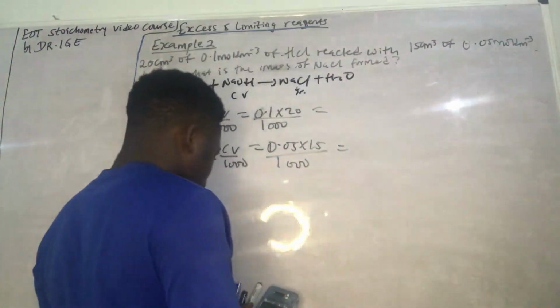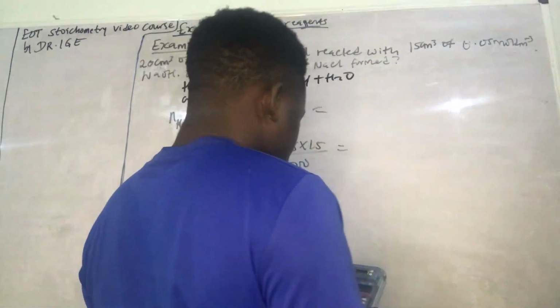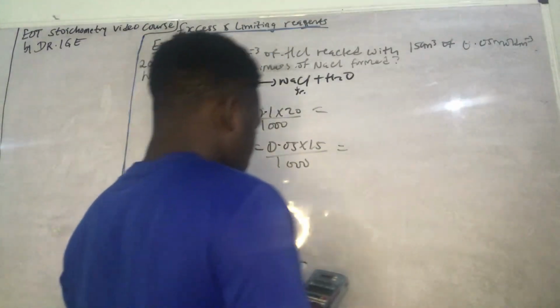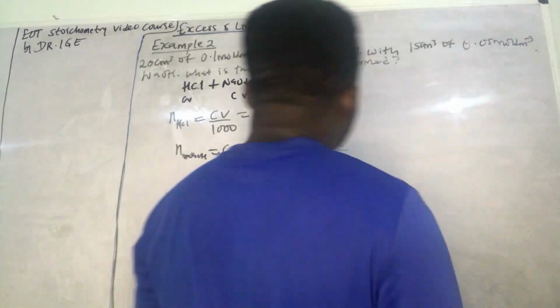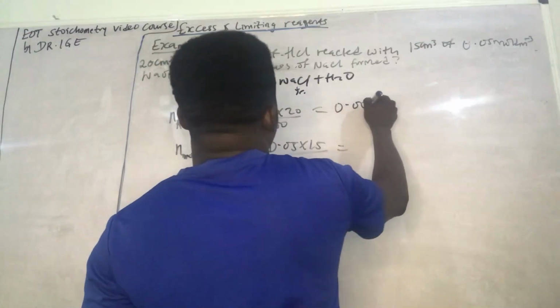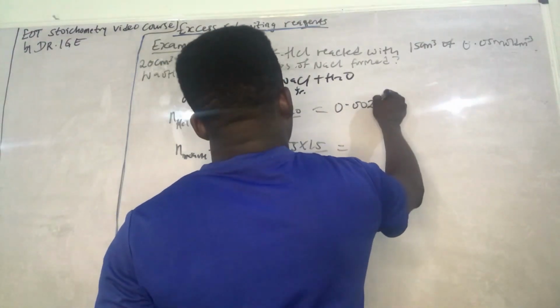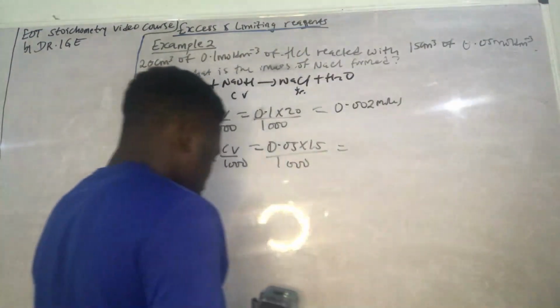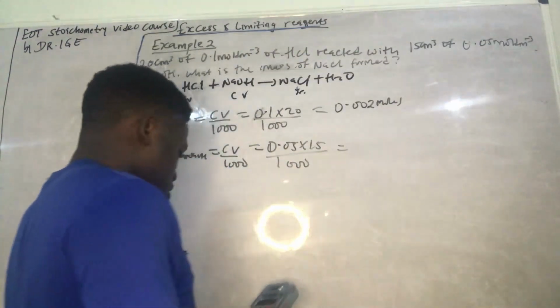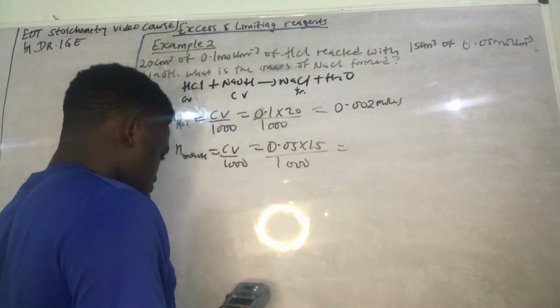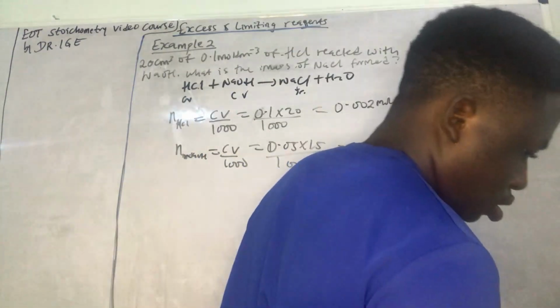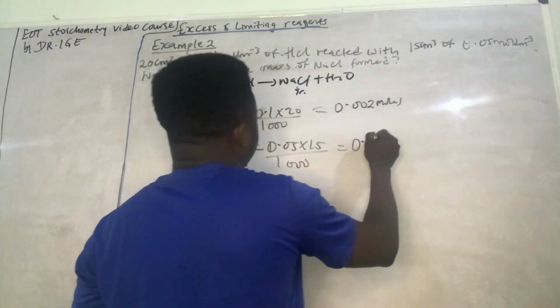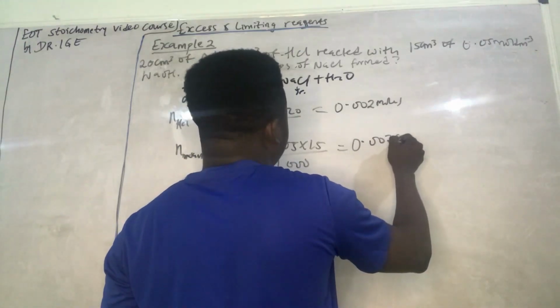So 0.1 times 20 over 1000, and 0.05 times 15 over 1000. We have 0.0075.